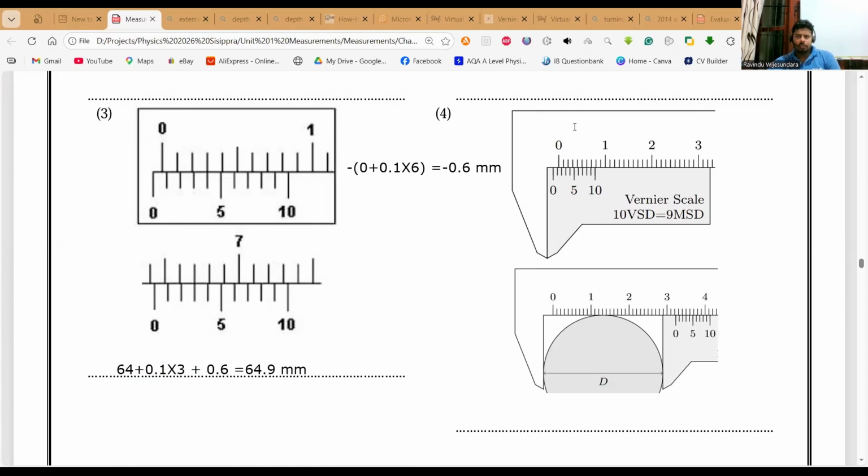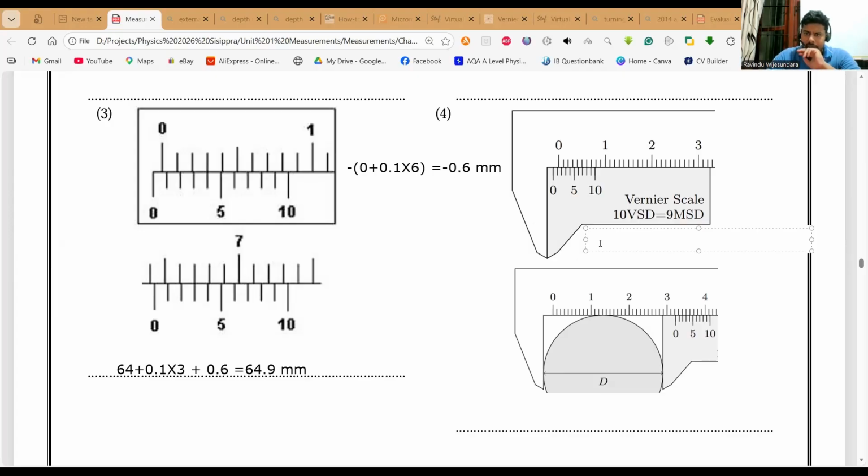Okay, now if you come to here, the final one, you also can calculate the zero error of this one. But here also be careful, when you see a negative zero error, please read from the back side. Here also you can clearly see this is the ninth mark and the eighth mark is also passed.